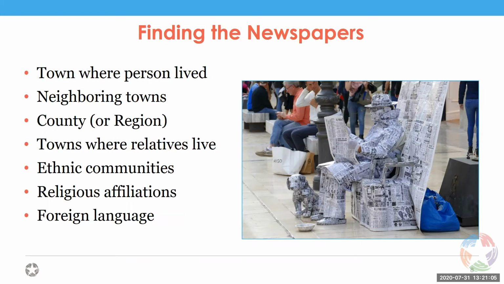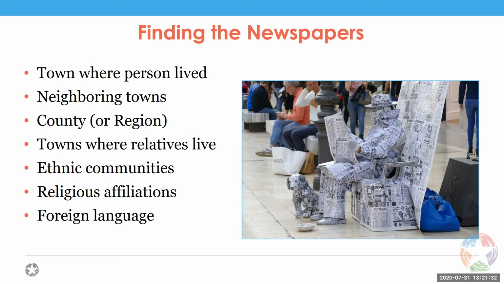Consider any ethnic communities that your ancestors may have been a part of, especially if they were a recent immigrant to the country. Let's say your ancestors were from Romania, and there is a significant Romanian immigrant community in the region.